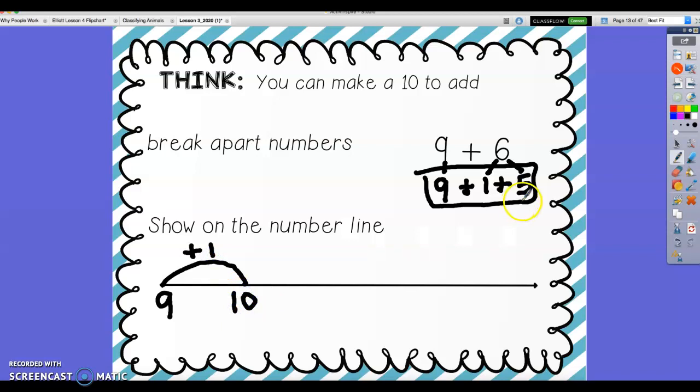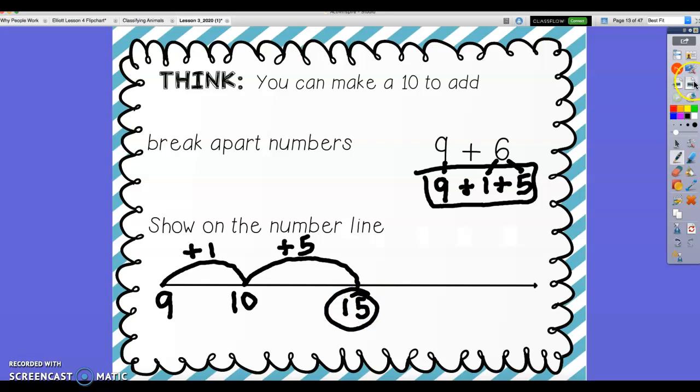Now I have 5 left to add. So I'm going to start at 10 and then add 5. Well, 10 and adding 5 is a pretty easy number to add. That's why I'm doing this, because 10 is a very friendly number. We can almost add anything with 10. So 10 plus 5 is 15. And 15 is my answer.